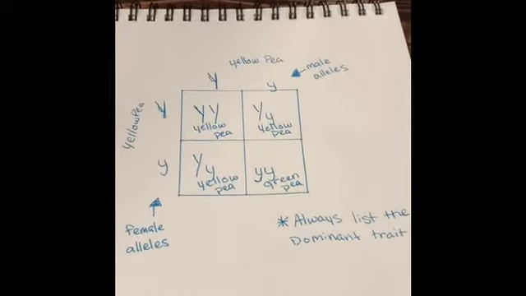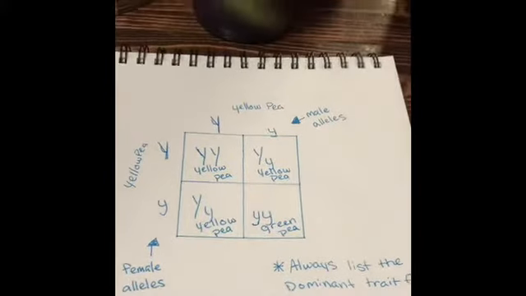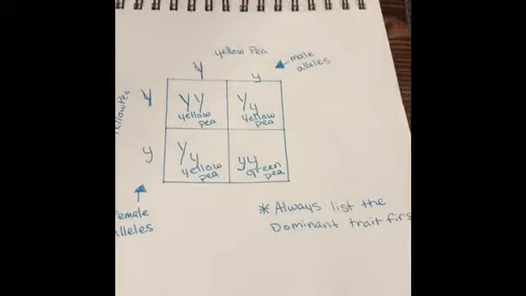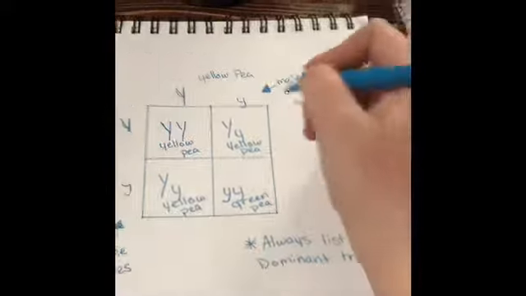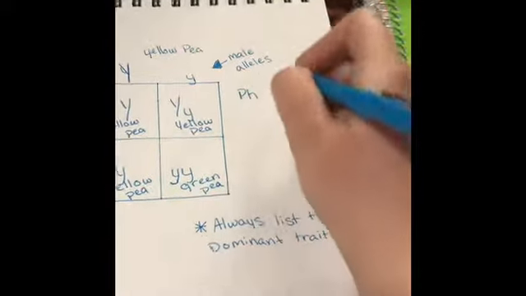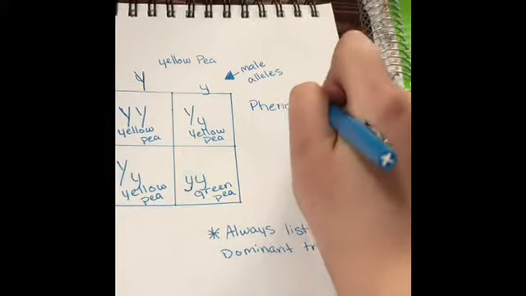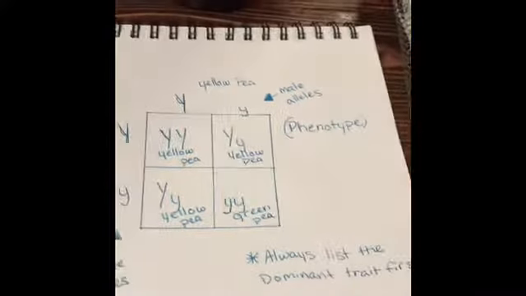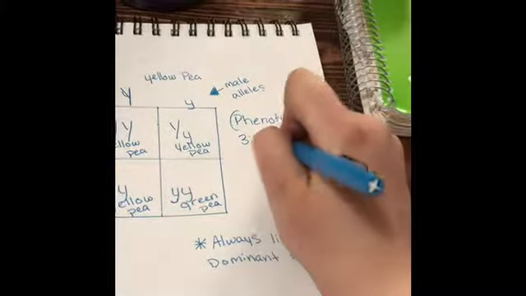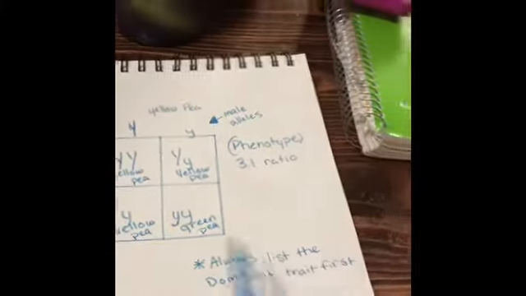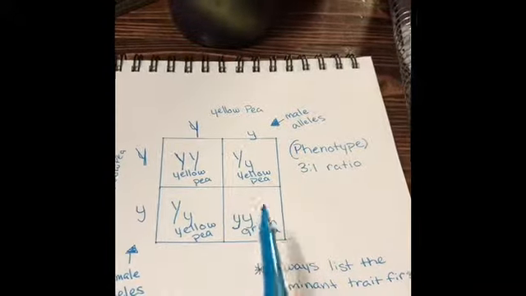So when you figure out your Punnett square, you can find the ratio for the peas. For our phenotype, we are going to have a 3-to-1 ratio because we have 3 and then 1, so 3-to-1.